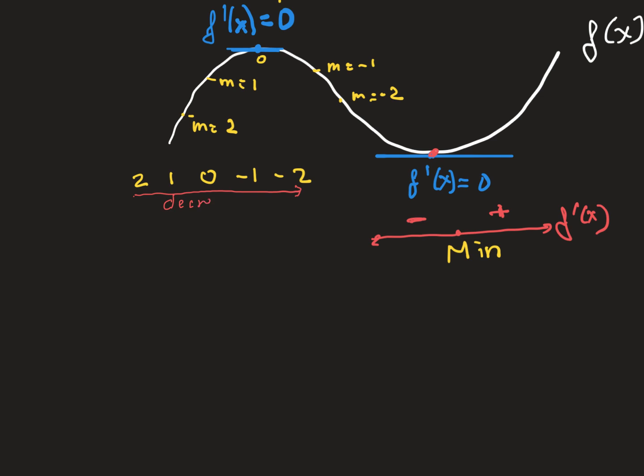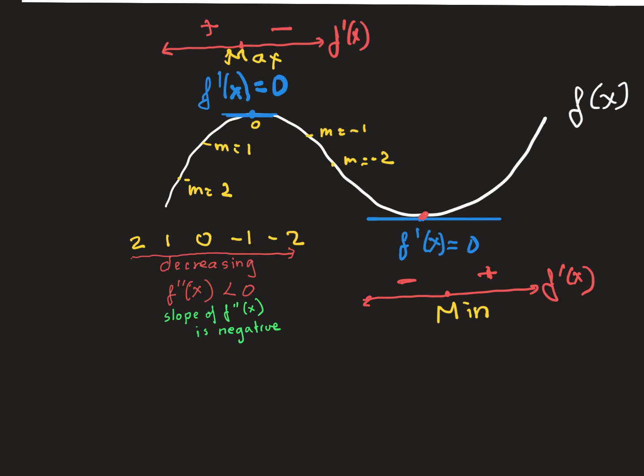That means the slope is decreasing. So we must say that the slope of the slope is less than 0, so f''(x) is therefore negative.